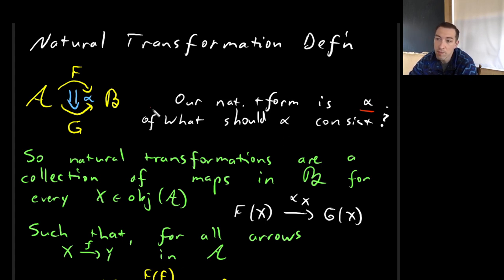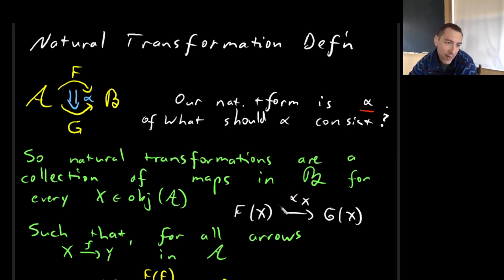So we can now summarize this. In one way, natural transformations feel complex, but if you look at them right, there's only a little bit to them. So a natural transformation alpha, of what should it consist? We end up with a collection of maps in B, where for every object x in A, we end up with this component mapping. It depends on how big A is, but it could be big or small.